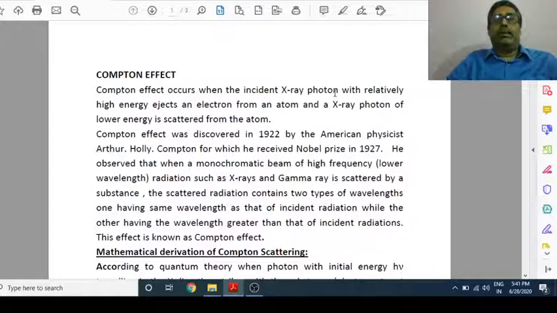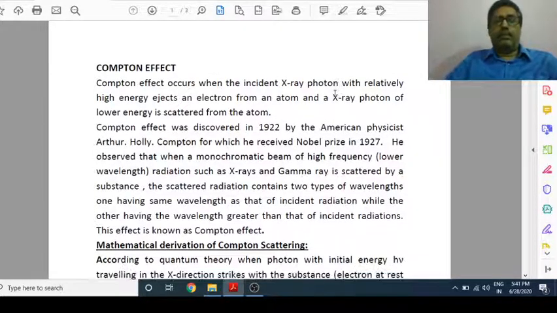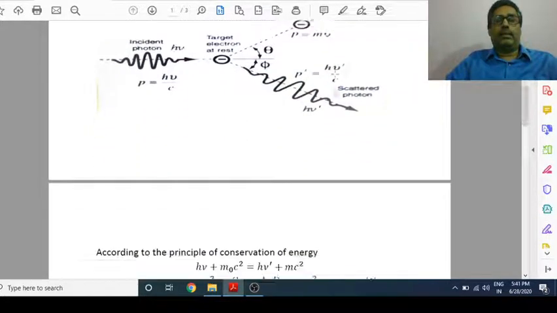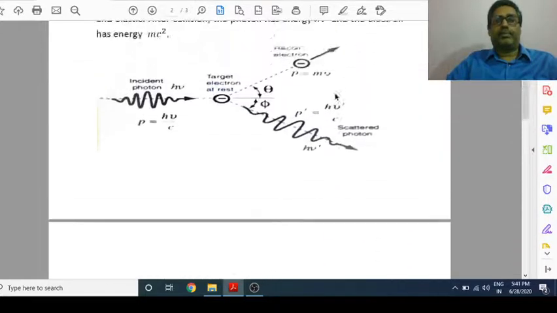and the scattered X-ray, when its wavelength is measured, there is a change in wavelength. The wavelength is larger than the wavelength of the incident X-ray. Okay.